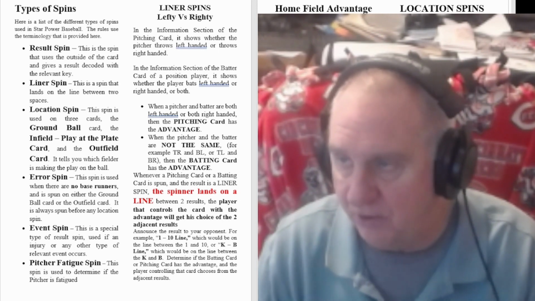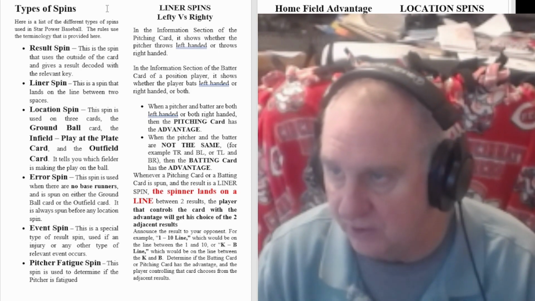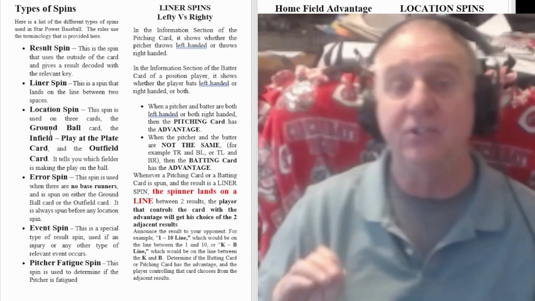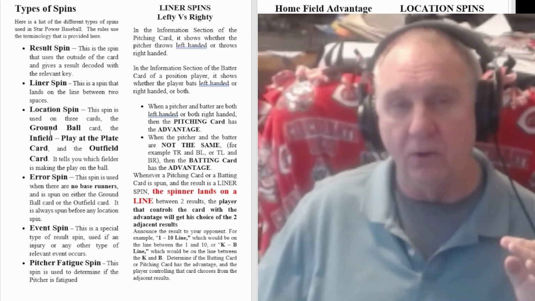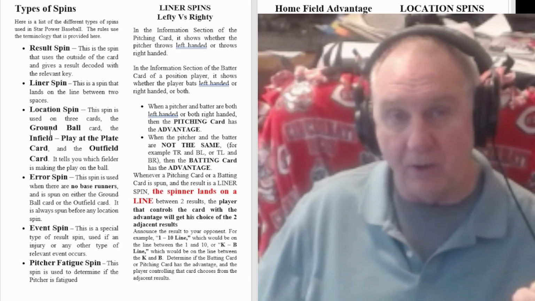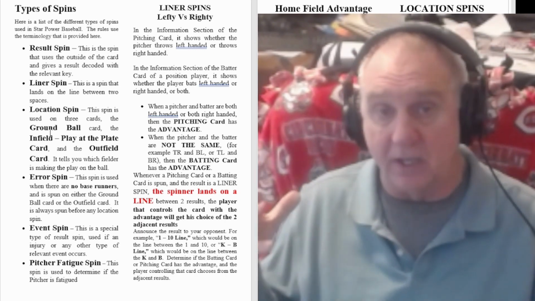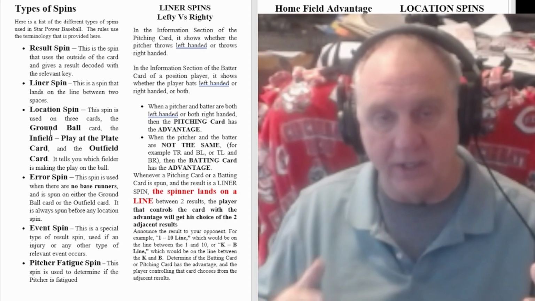Here's a list right here on this page, and we're on page 23 now in the rule book. Here's a list of the types of spins. And remember, I mentioned to you in the last episode that vocabulary was very critical to Star Power Baseball. So get the vocabulary down so that you can intelligently discuss what is going on in your game.